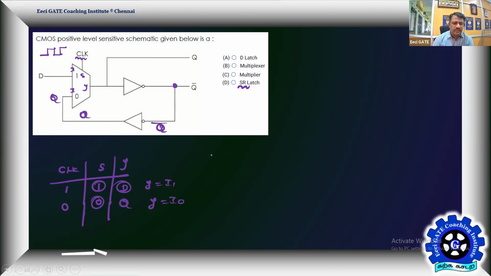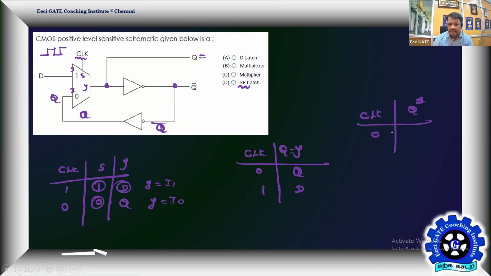So whenever the clock is 0, Y follows the previous state. Whenever the clock is 1, Y follows your input D. In fact, Y is nothing but your Q. So Q is equal to Y. If the clock is 0, it follows the previous state.